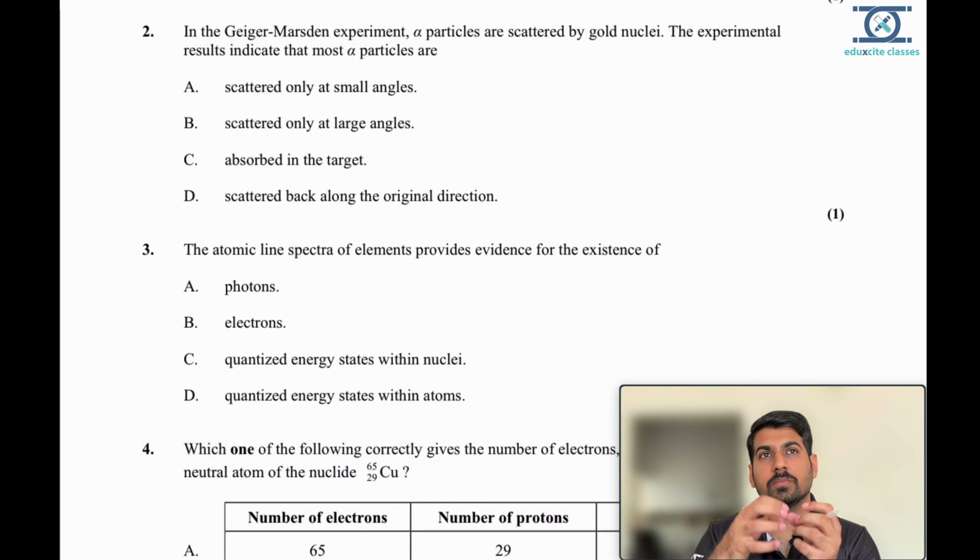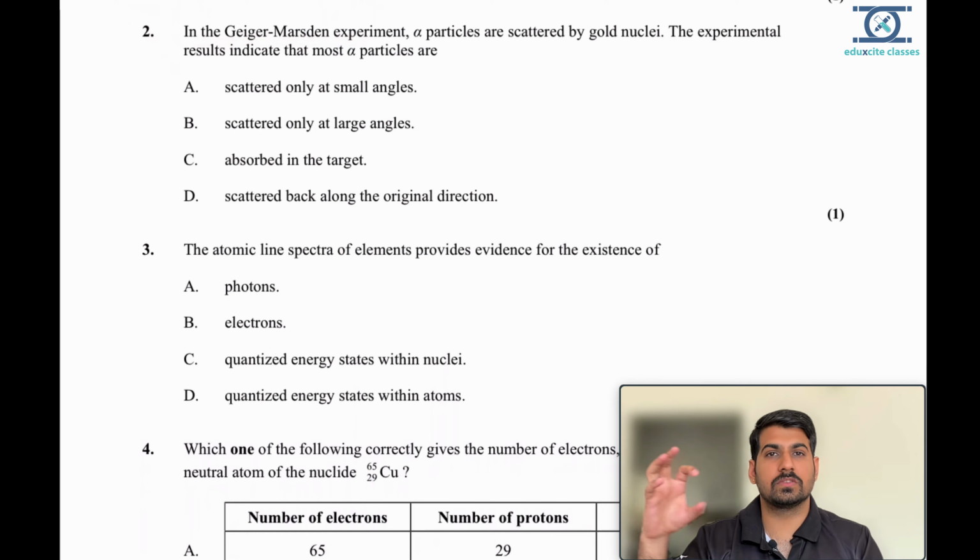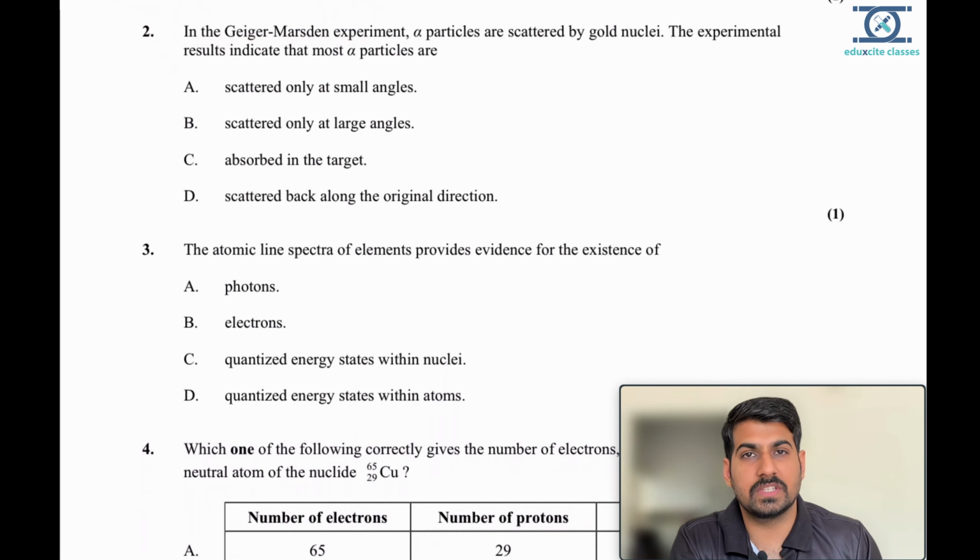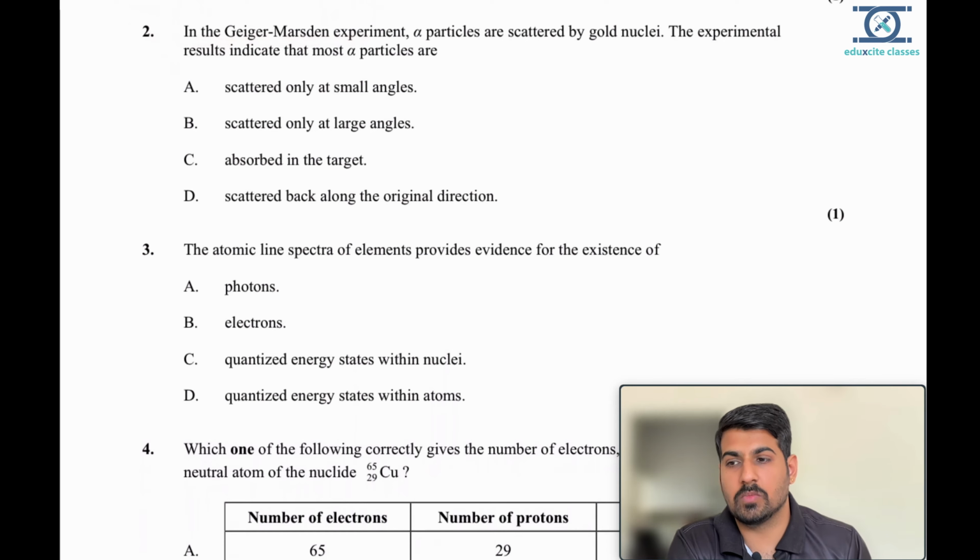All the positive charge was concentrated in a very small space, and the alpha particle being positively charged, most are scattered only at small angles. So option A is your right answer.